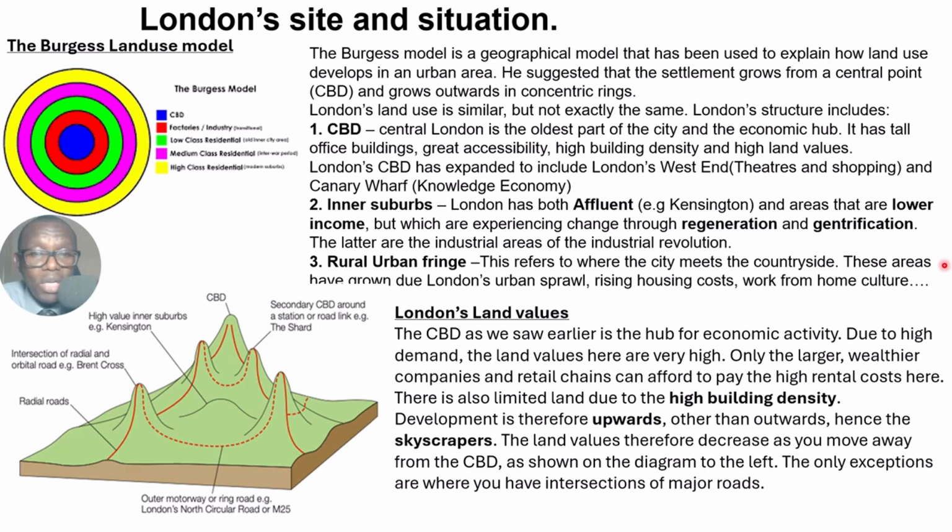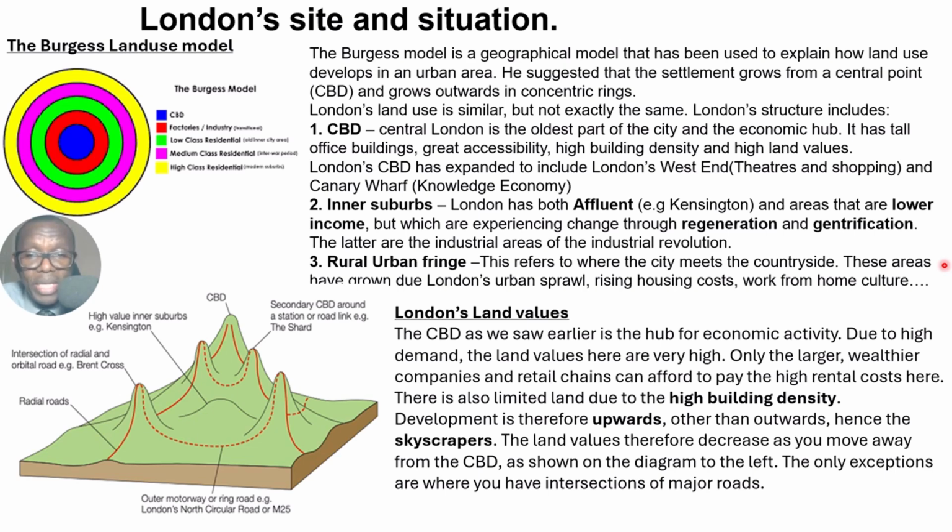Now the CBD also has very high building density, and that high building density means also that the land values there are quite high. Because of the high demand for the land, the cost of it is also very high.